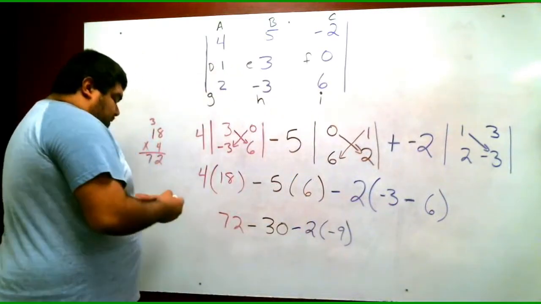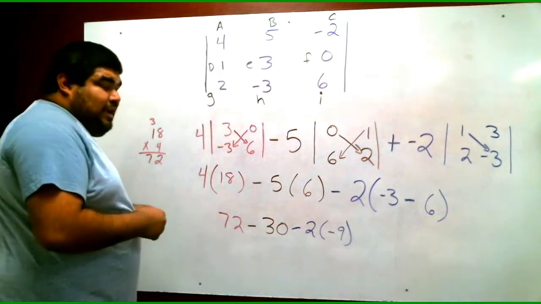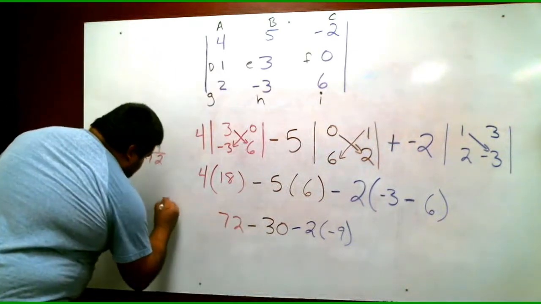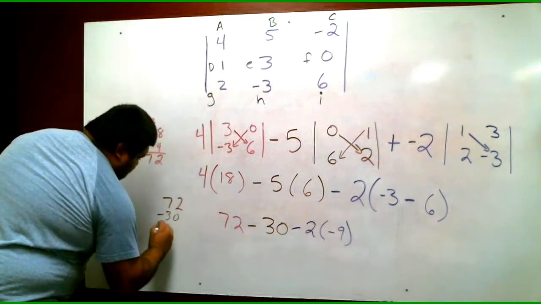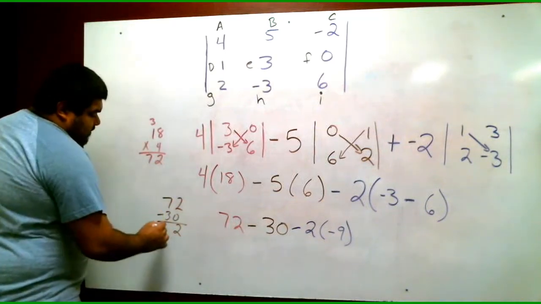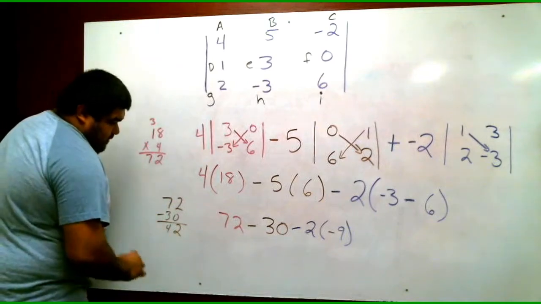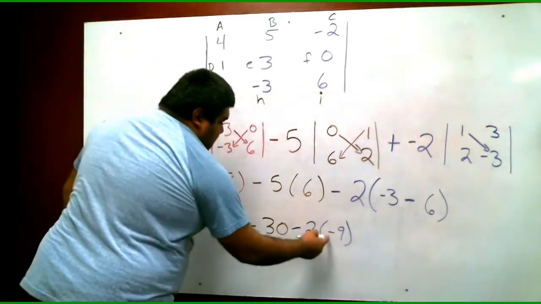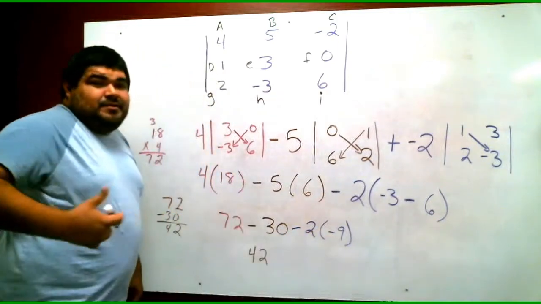72 minus 30. We can subtract because they're both the same. They don't have variables. So 72 minus 30. We bring down the 2. 7 minus 3 is 4. So we have 42. Notice that now we have multiplication here and we have two negative numbers.